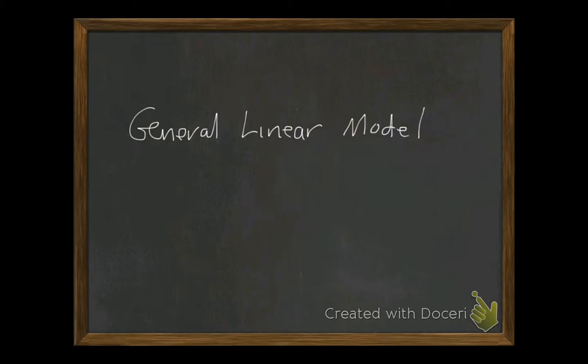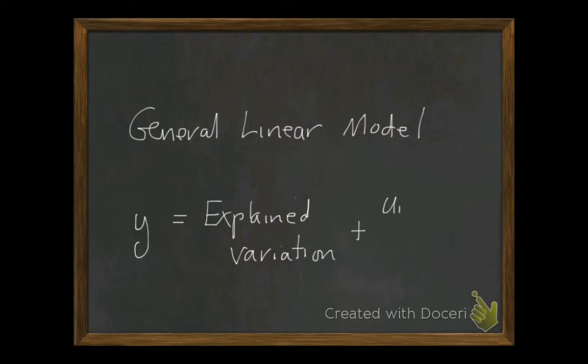In the end, a general linear model is just really saying that we have certain variation that we can explain plus certain variation unexplained.